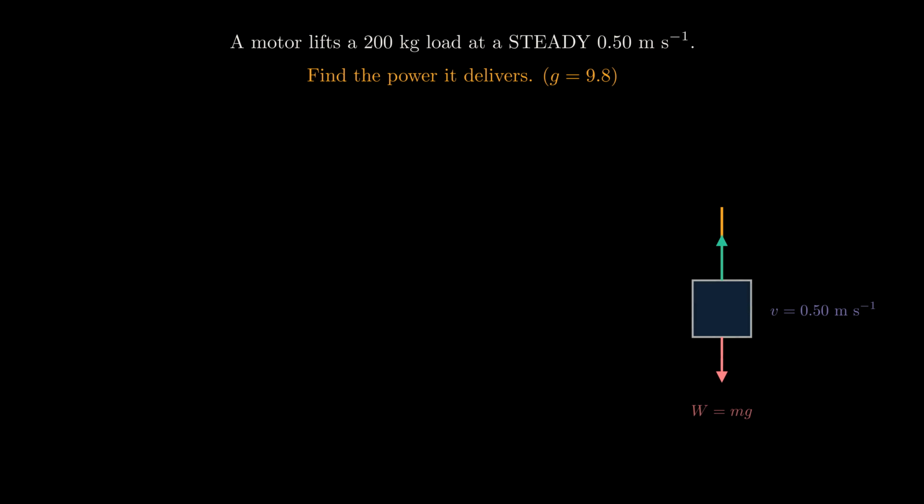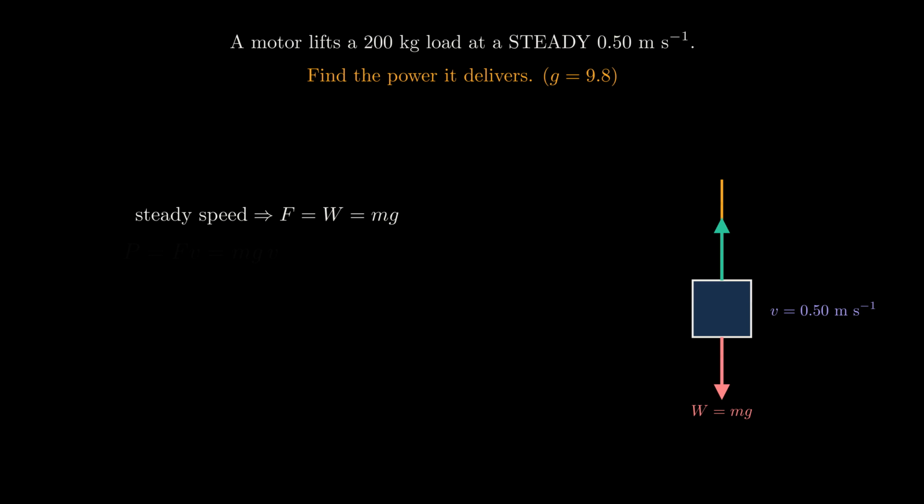Number 3. Puts P equals FV to work. A motor hauls a 200 kilogram load straight up at a steady 0.5 meter per second. Find the power the motor delivers. The word steady is the key that unlocks it. Because the load rises at constant velocity, it's in equilibrium. So the lifting force exactly balances the weight, mg.